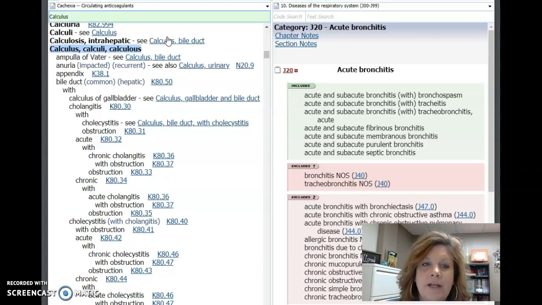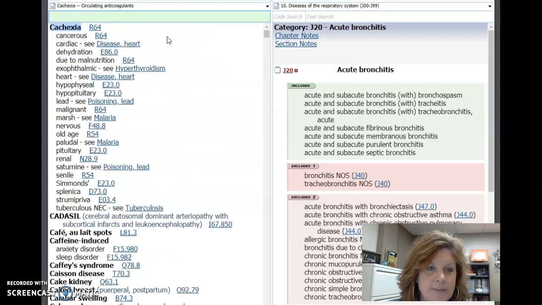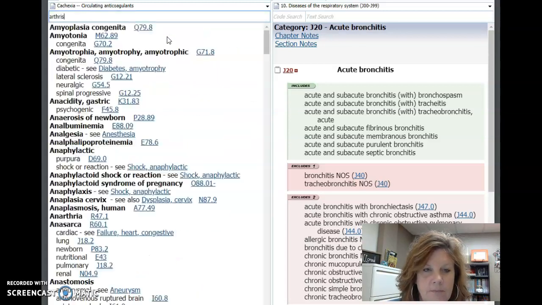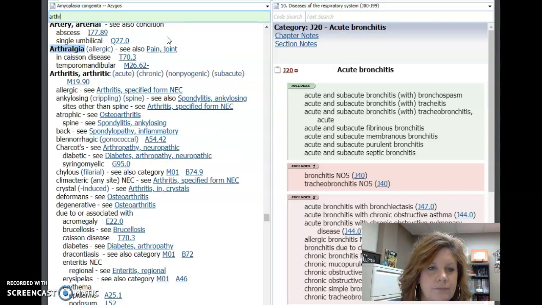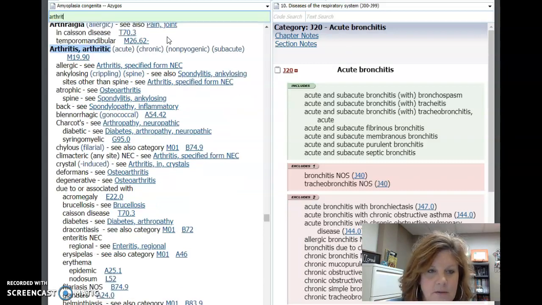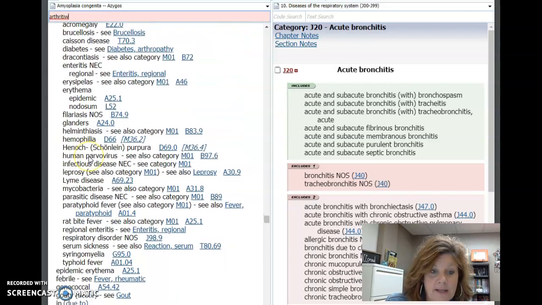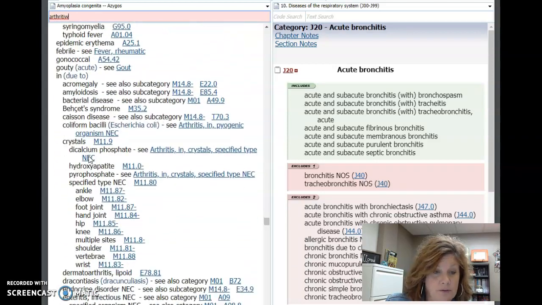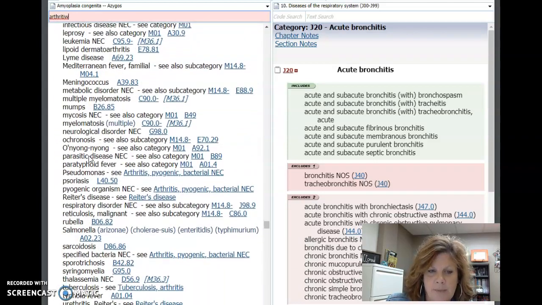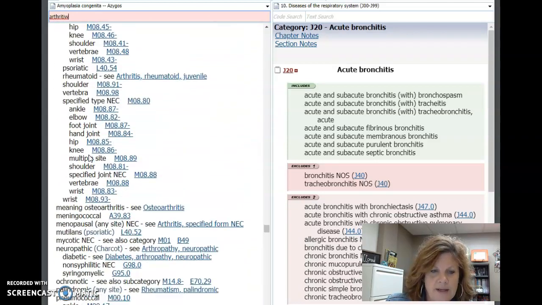So everybody go ahead, let's look up arthritis. Pause the tape. This is where, to be honest, your spelling comes in real handy. We know we have arthritis and it's traumatic, so we're seeing if we can find that main term, traumatic.